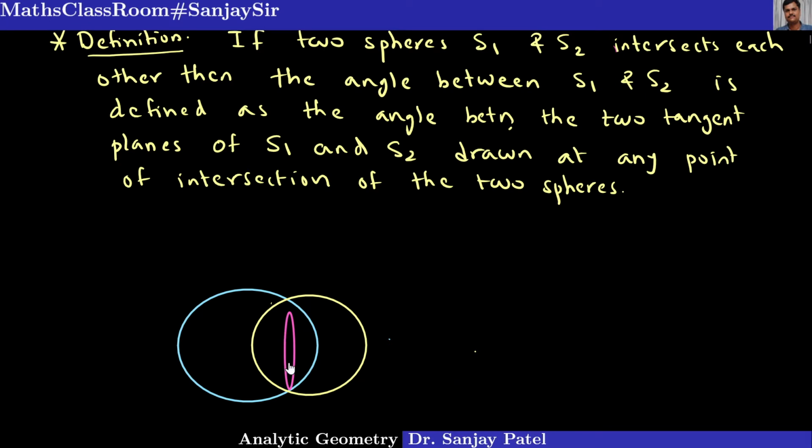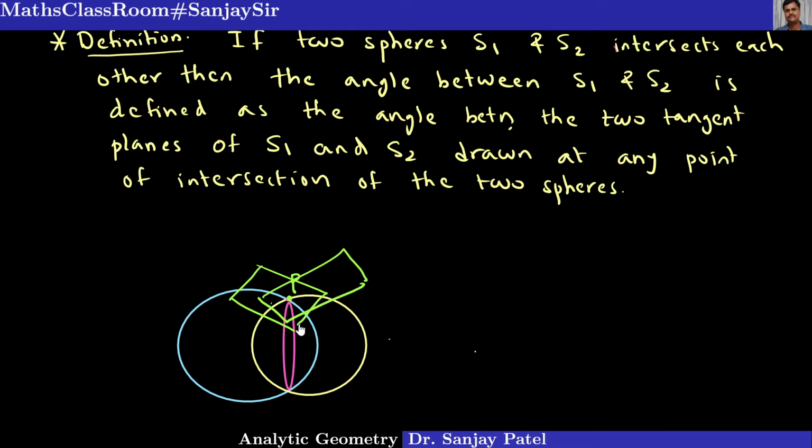So the two spheres intersect in a circle. If you take any point here, say for example this point in the intersection, then I can draw two tangent planes, one on this sphere and the other on the first sphere, like this.